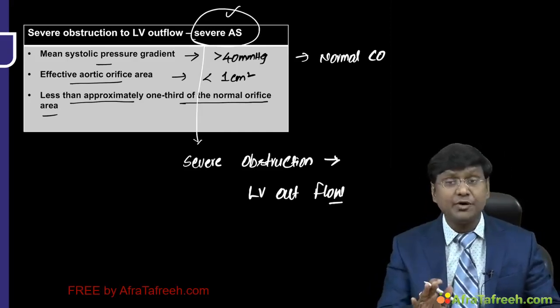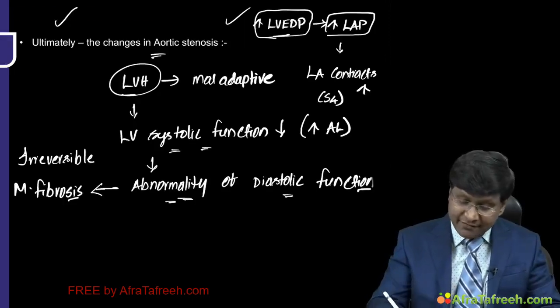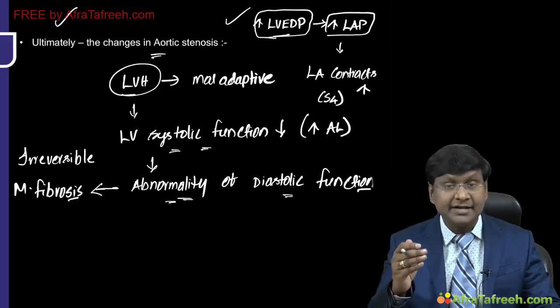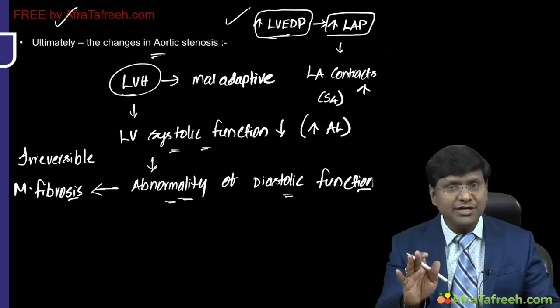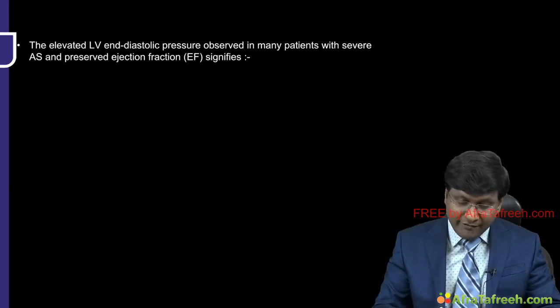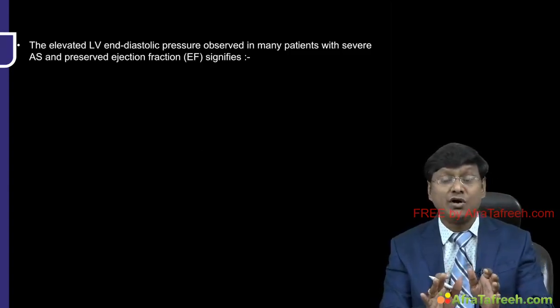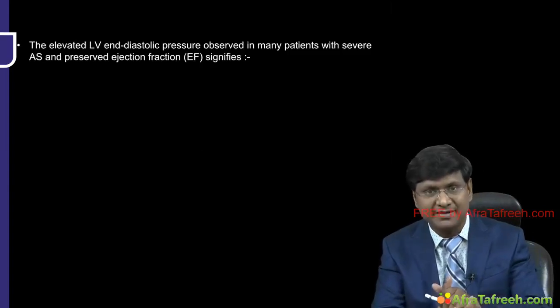Then the next important point you need to know is that we have discussed that LV end diastolic pressure increases and the left atrial pressure increases, but when will you consider that there is diminished compliance of the hypertrophied left ventricle?